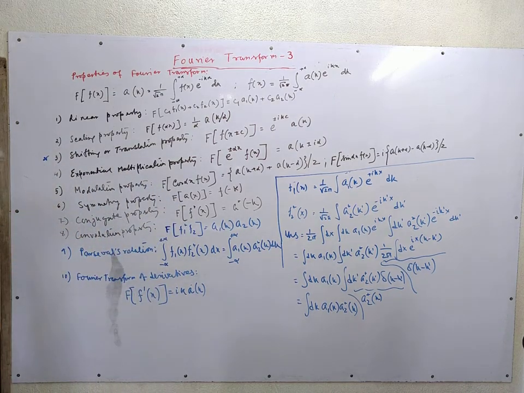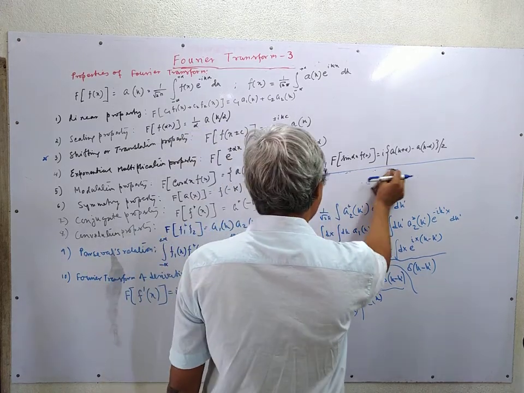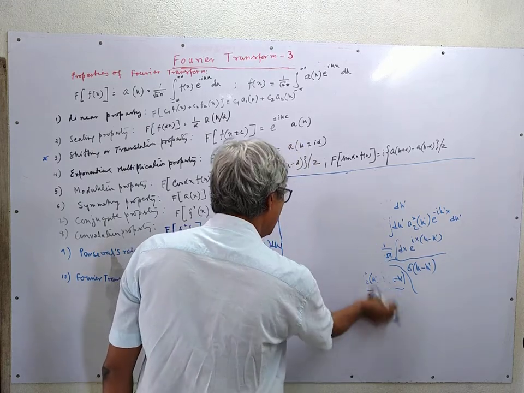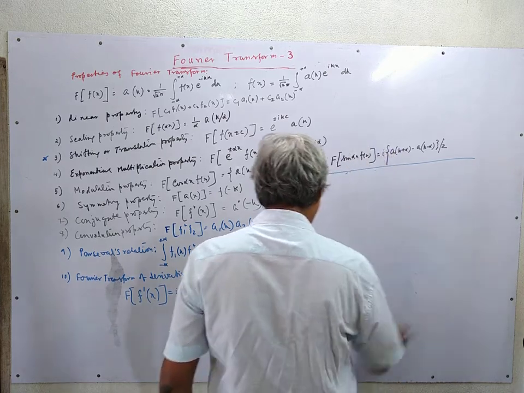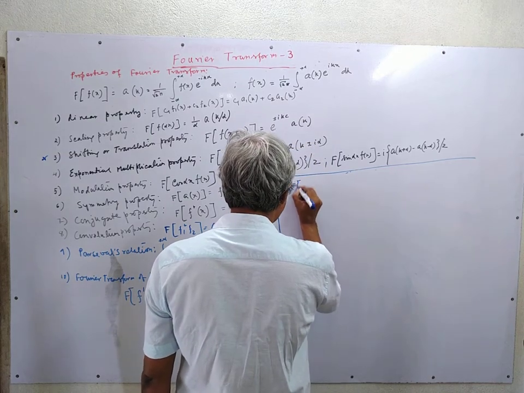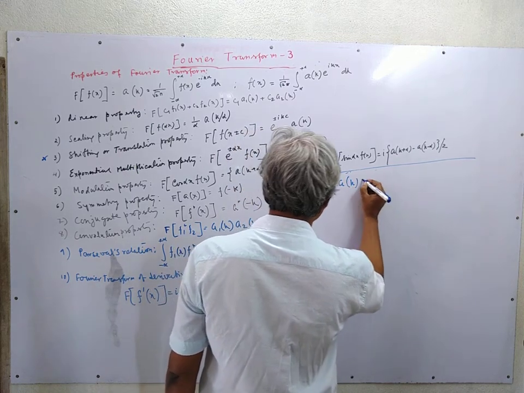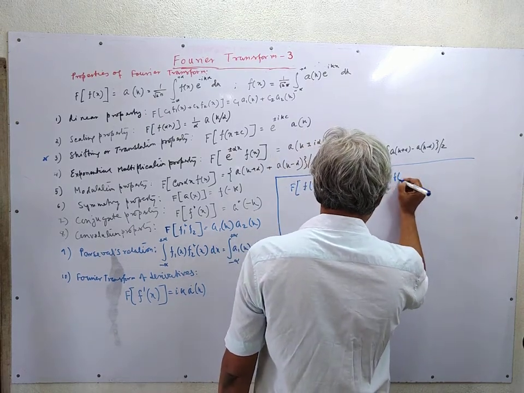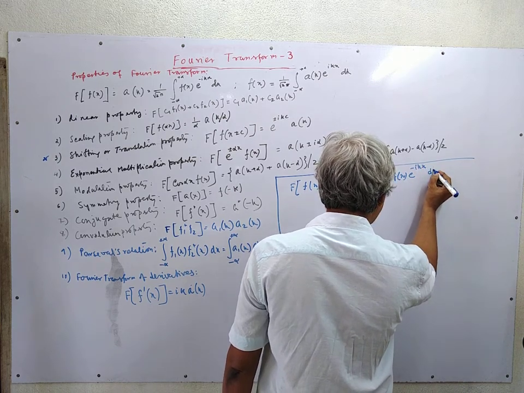Let me prove this. And by this we will cover a lengthy journey through the properties of Fourier transform. So we know the Fourier transform of f of x is equal to a of k, which is 1 upon root 2 pi integral of f of x e to the power minus i k x dx.